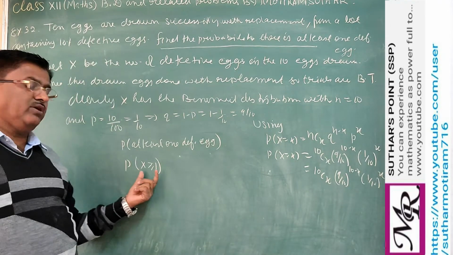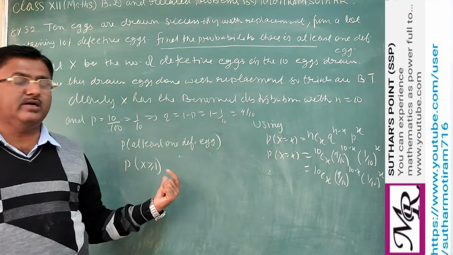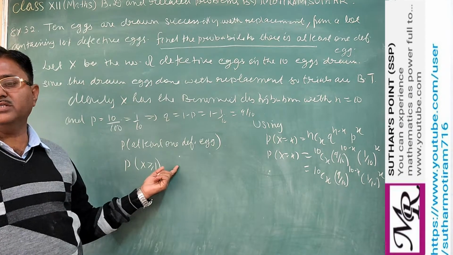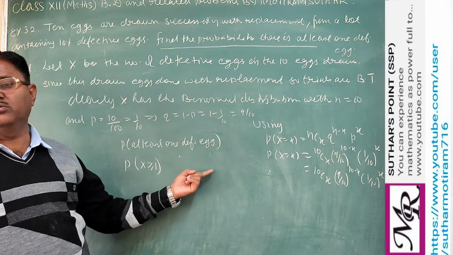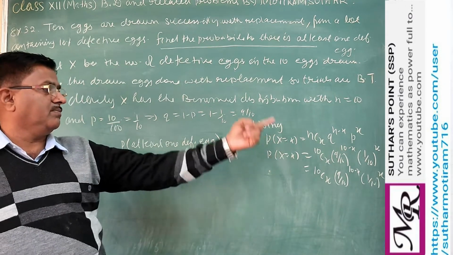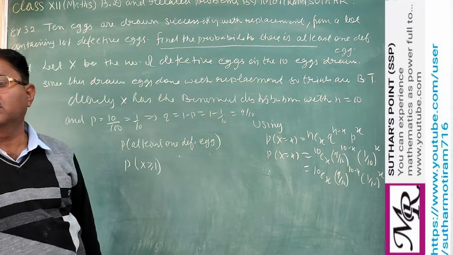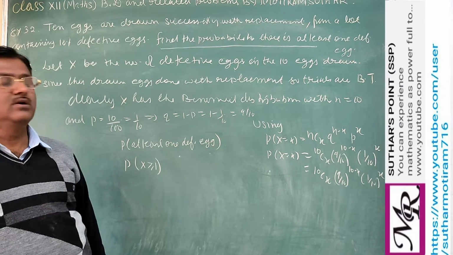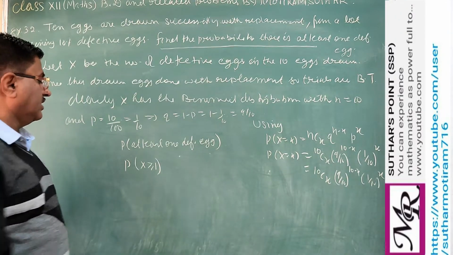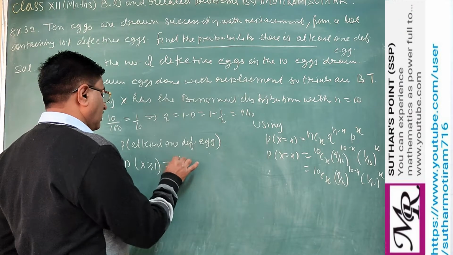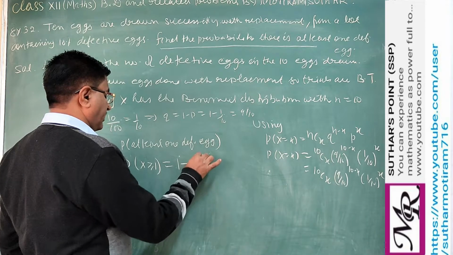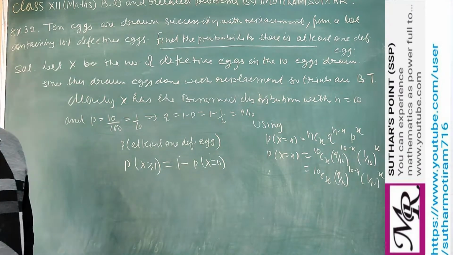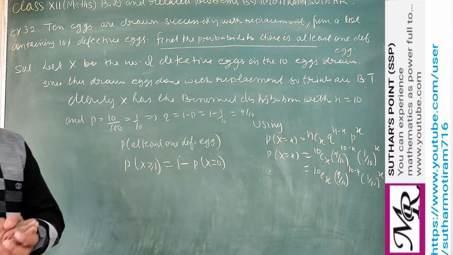Now one way, if you are solving with the direct method, then we can write this equal to P(X=1) plus P(X=2) plus 3 plus 4 plus 5 plus 6 up to 10. All cases we have to write. But the other method is there: this equals the complementary probability, 1 minus P(X=0). This is very important, why we are writing this one.